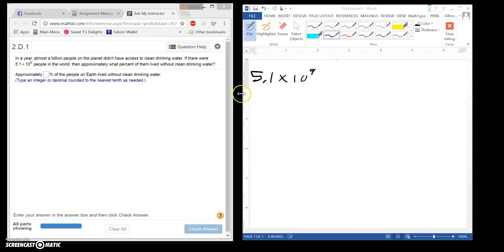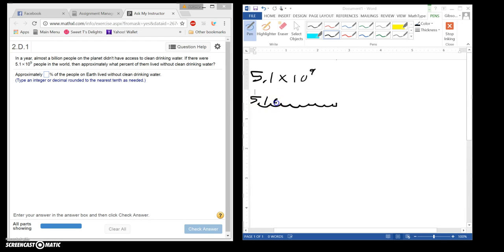Okay, so we would take this value here. We would take 5.1, and this tells us, because this is a positive 9 and this is in scientific notation, that means we have to move this decimal to the right 9 times. So we move the decimal 9 times.